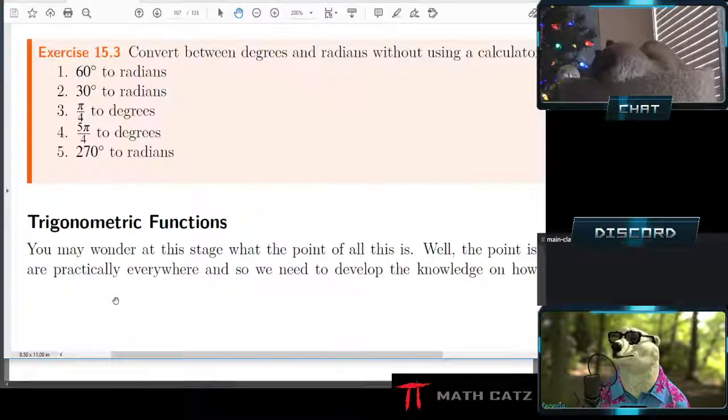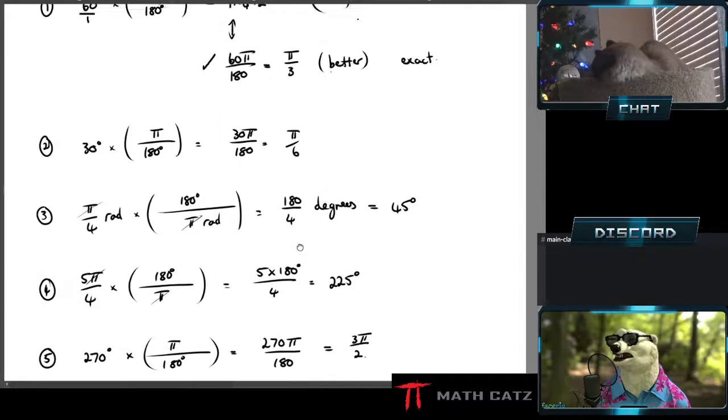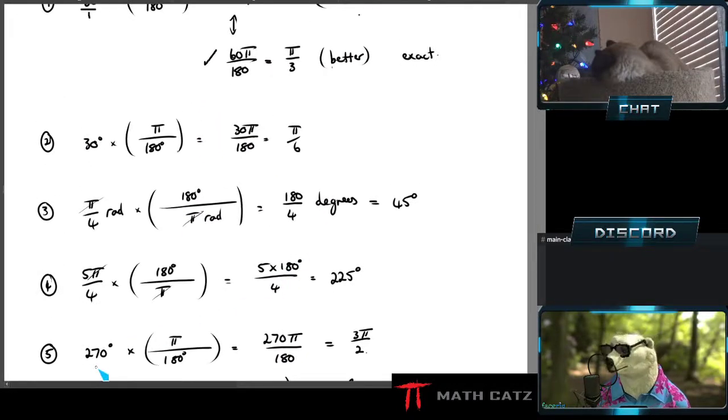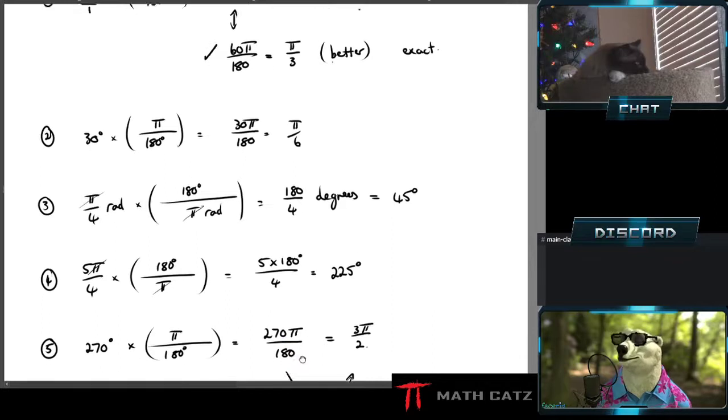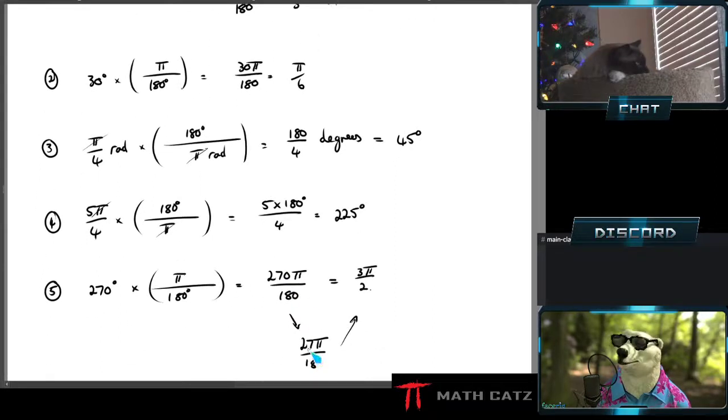What's even a little bit more tricky for people is going from a large degree size to radians. Like, for example, 270 degrees. But the method doesn't change. Multiply by a reference pair. Now degrees go in the bottom and radians at the top. Put it in fraction form. 270 over 180. I can simplify that systematically. Maybe 27 over 18 by dividing both by 10.